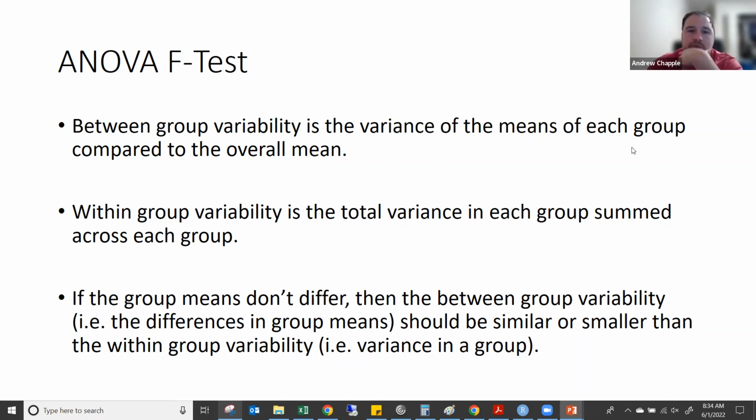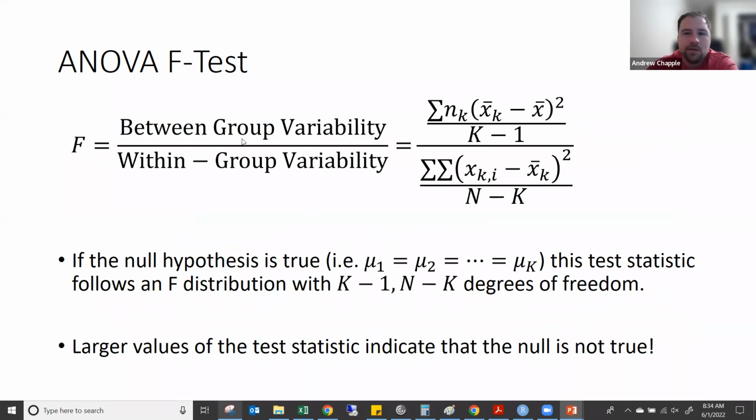Okay, so again, between group variability is the variance of the means of each group compared to the overall mean. And within group variability is the total variance in each group summed across everything. If the group means don't differ, then the between group variability should be similar or smaller than the within group variability. So this is the F test. It's just those two divided by each other, the between group variability over the within group variability.